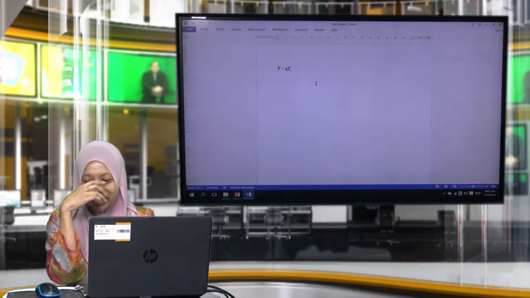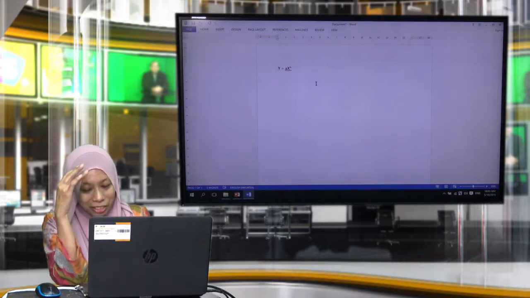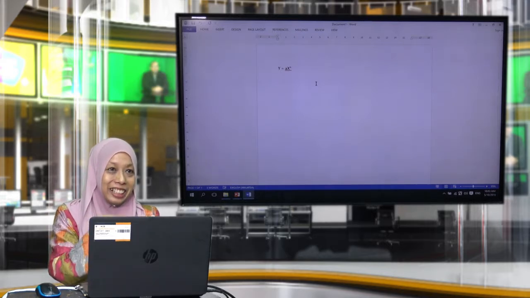Mana dulu. Saya ulang balik lah kod the rules tu balik supaya dia senang sikit kot.